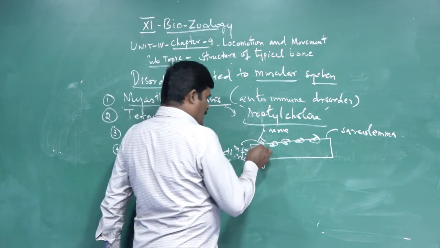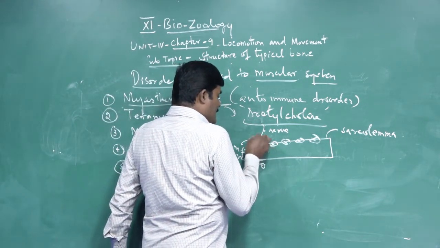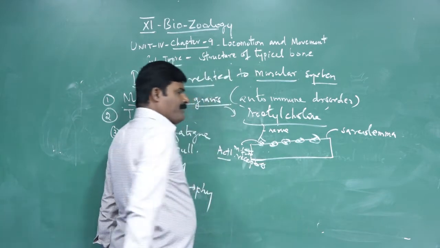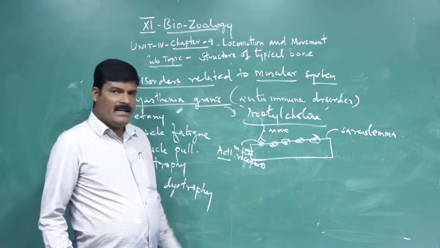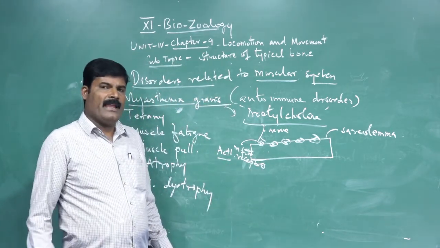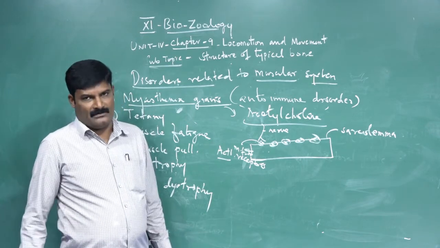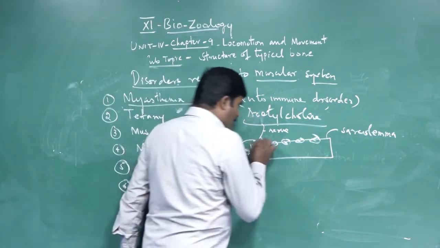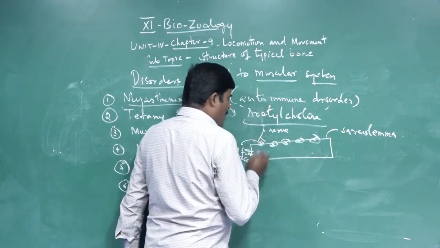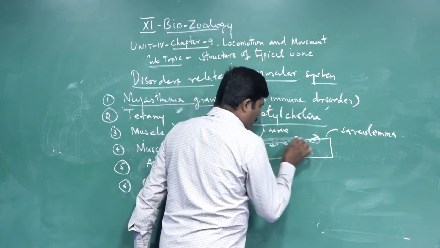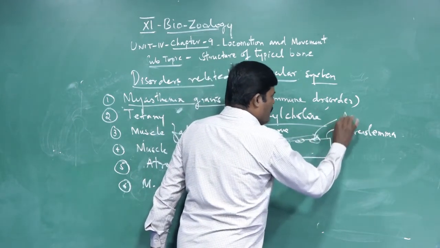But the activity of these acetylcholine receptors on the sarcolemma is blocked by antibodies.